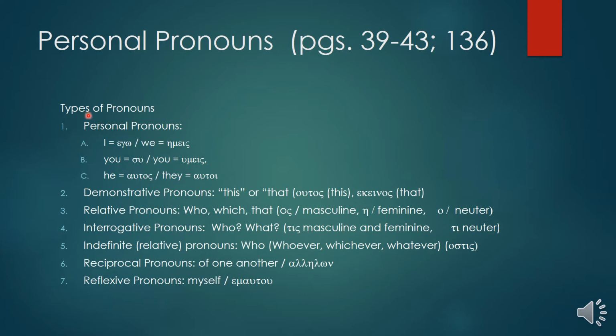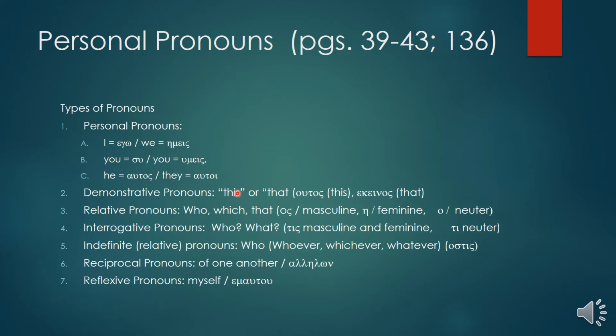Now, there are other types of pronouns, though. We have the personal pronouns, which we're studying this week, but we're going to be studying in future weeks the demonstrative pronouns. That's the pronoun this or that. A demonstrative pronoun means it demonstrates. So this is called a near demonstrative pronoun. Therefore, if I say, this is my pen, I'm talking near me.